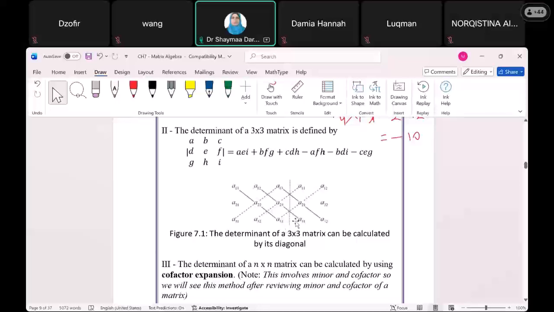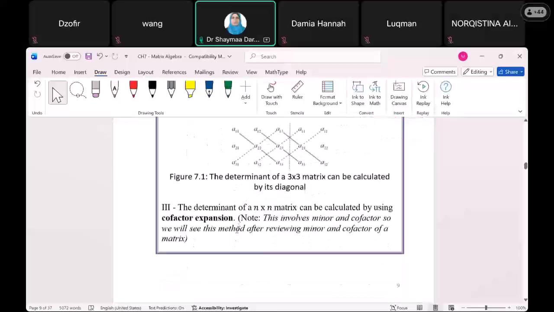So you add the products of the first 3 diagonals minus the products of the other 3 diagonals. So this is one method. Another method works for any n times n matrix, which means 3 times 3, 4 times 4, 5 times 5.